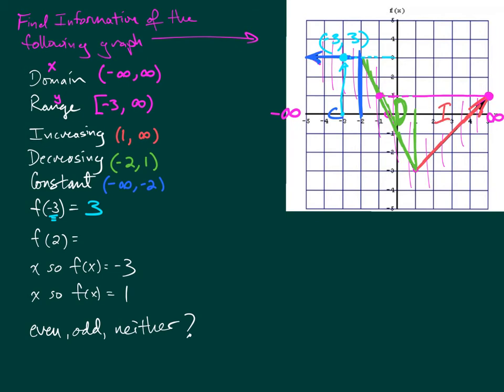So we're going to have two answers for this. x will equal -1, because that ordered pair is (-1, 1), and x will also equal +5. That's because way over here, the x value is 5 when the y value is 1. You can try these other two and tell me whether this graph represents a function that is even, odd, or neither.